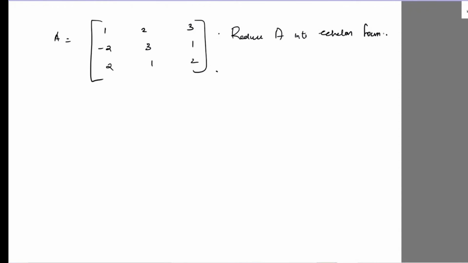So what I am going to do is mark the first leading coefficient. What is the first leading coefficient here? 1, sir. So I am going to mark the first leading coefficient, that is 1. Now I am going to make all the entries vertically down as 0 using the first row.